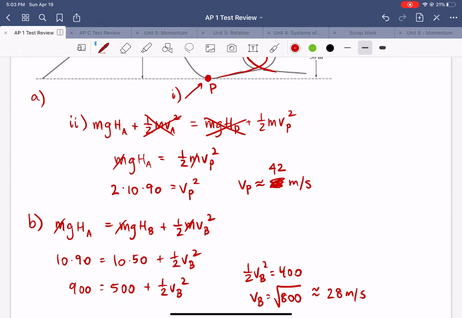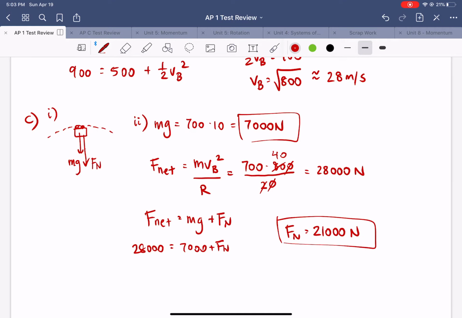So the idea here comes down to this free body diagram that we drew. As the speed of the cart changes, this normal force will either increase or decrease. And remember, when the normal force becomes equal to 0, that means there's no longer contact between the cart and the track, so the cart would fall off.